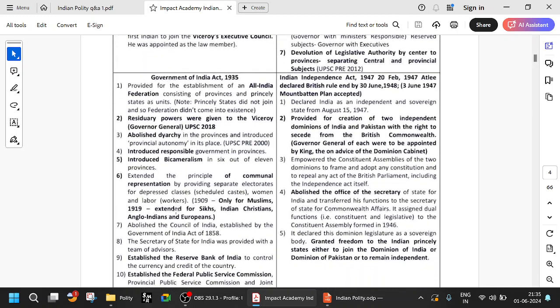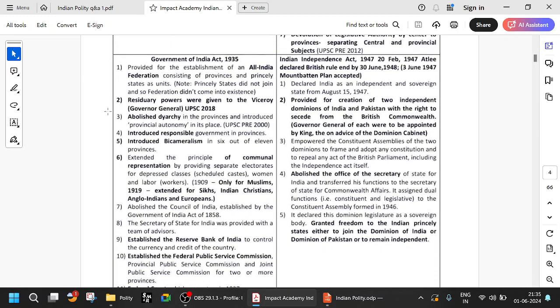And the Government of India Act 1935 is a very important act. It provided for establishment of an All India Federation consisting of provinces and princely states. Residuary powers were given to the viceroy. It abolished diarchy in the provinces and introduced provincial autonomy in its place, introduced responsible government in provinces. It introduced bicameralism in 6 out of 11, and the principle of communal representation was extended.